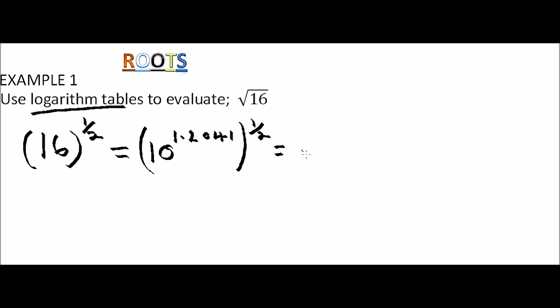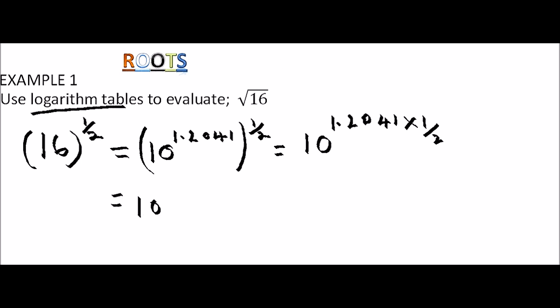Now, applying the third law of indices, we can open this bracket and say this is 10 to power 1.2041 multiplied by a half.